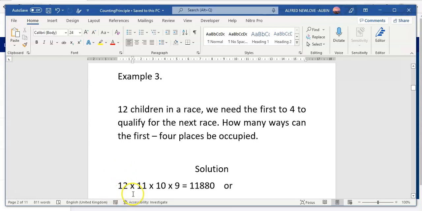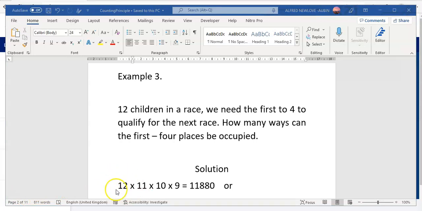Now the first space has been used. The second space is left with 11, because the first space has been used, so the second space is going to remain with 11 ways to fill it.